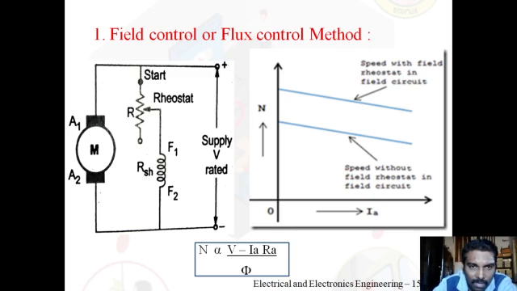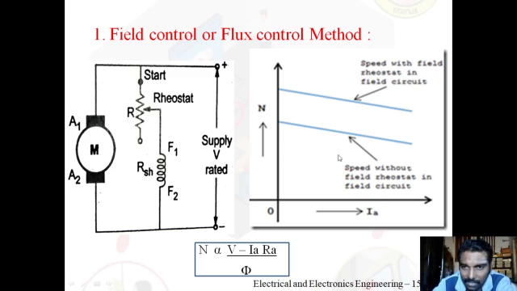Now let us analyze by keeping the value of resistance 0. That means the pointer is at the start position. Whenever the value of R is 0, you can observe the graph.